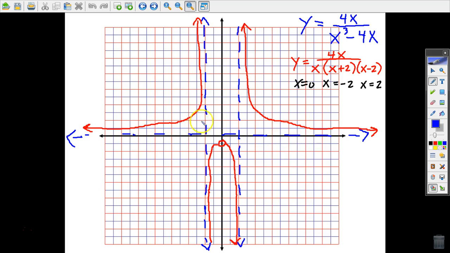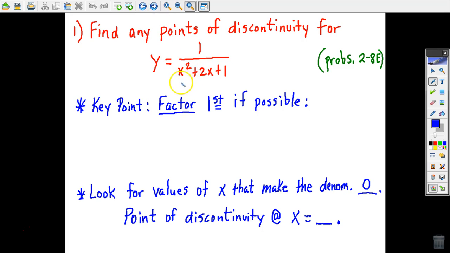But since we have areas that we are not allowed to graph on because numbers make 0 in the denominator, and for other reasons we have a horizontal asymptote, they cause our graph to have to be done in sections. So today let's look at how to find these points of discontinuity. Your first 4 problems on the assignment will involve pretty much doing this.